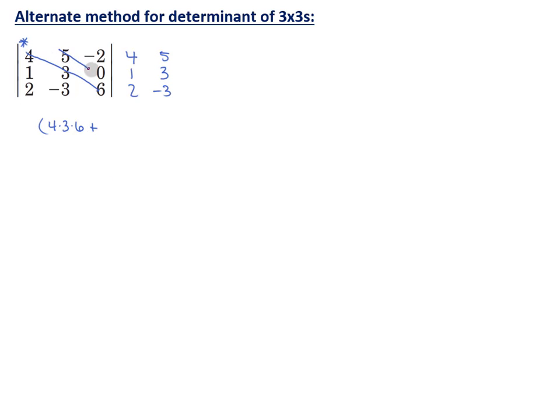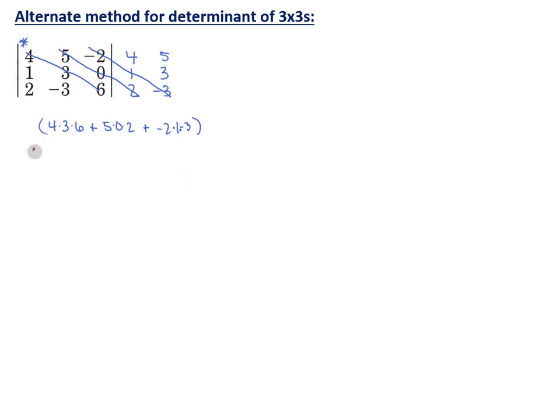So we're going to do the next diagonal. 5 times 0 times 2. Okay, which of course will be 0. And our last diagonal here, and this is why we added these couple extra rows, -2 times 1 times -3.